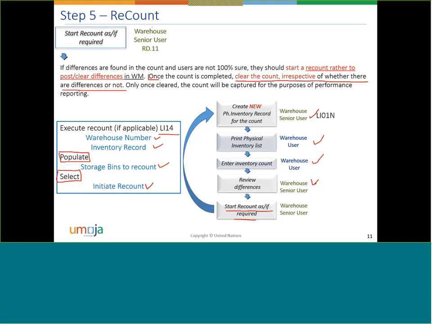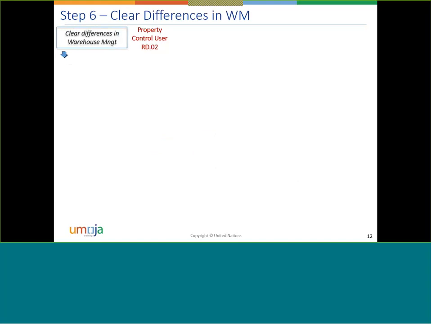So here we also have the T codes for each of these actions. And we're up to the part where we're clearing differences. This slide is going to show us how to clear the differences, but it's going to close with a question mark of when do we clear the differences.